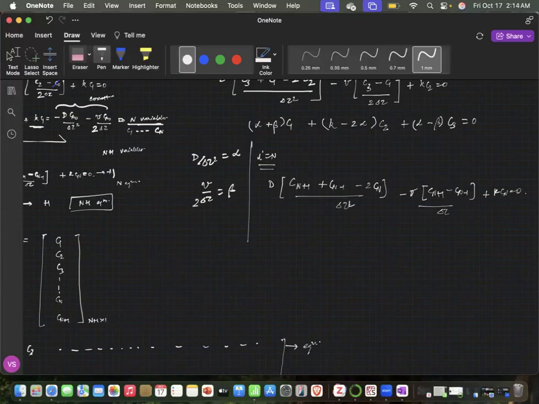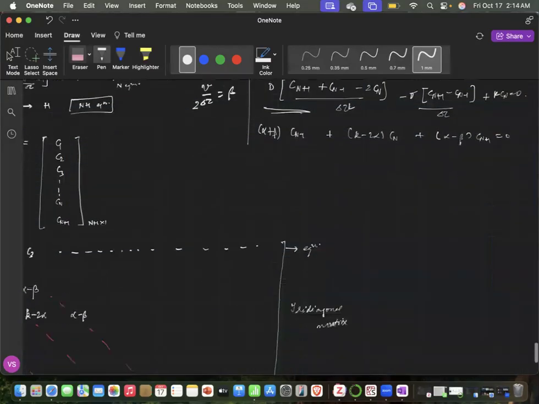So we'll be doing some problems. So hopefully you will be okay doing these things yourself. So let's go ahead. So once again, c_{n-1} has a coefficient of alpha plus beta. So that's alpha plus beta, plus k minus 2 alpha for c_n, and plus alpha minus beta for c_{n+1}, right?